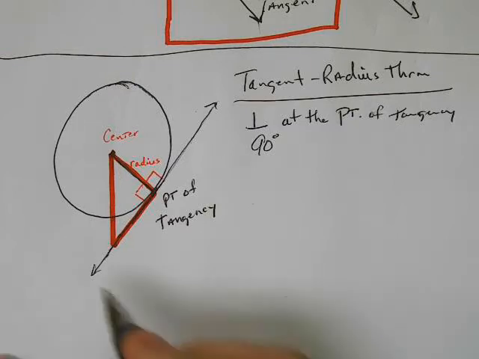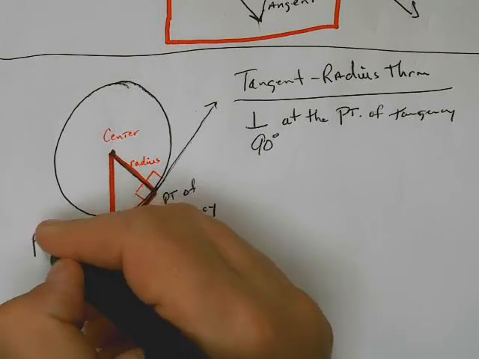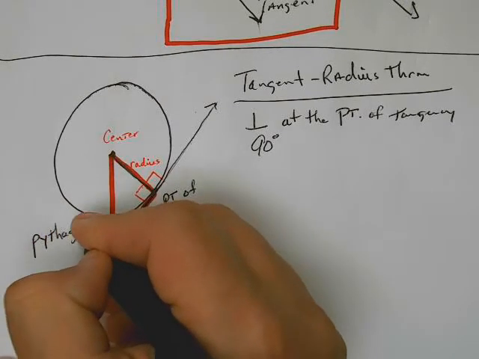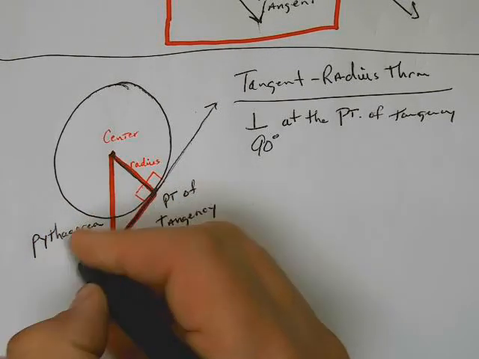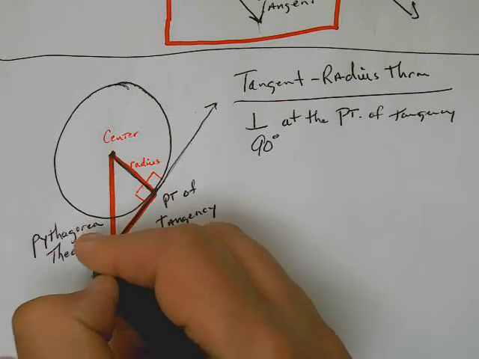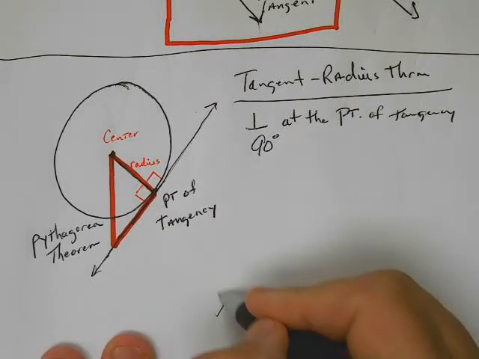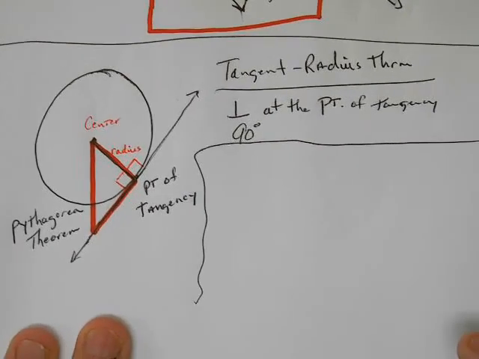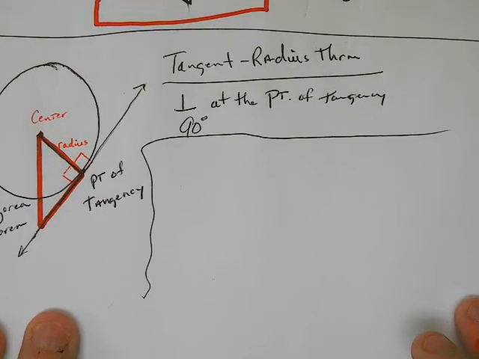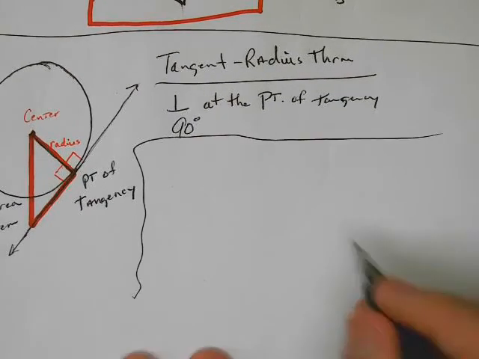And anytime we have a right triangle, we can use the Pythagorean theorem. So be ready to use that when it comes time for your homework. Questions on that? All right, good. Let's go to our final illustration before we do some examples.